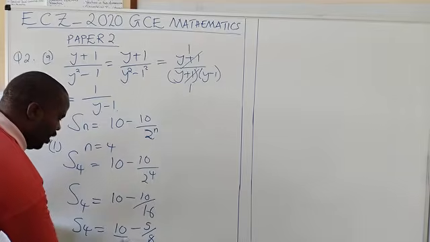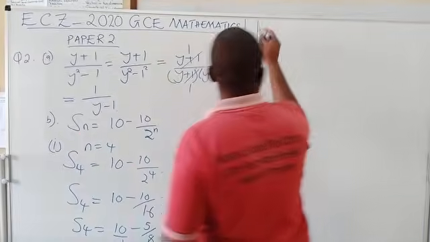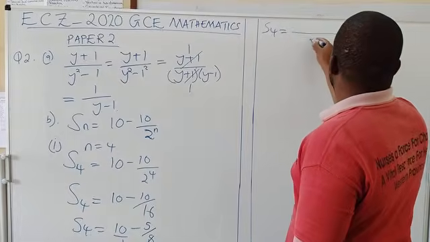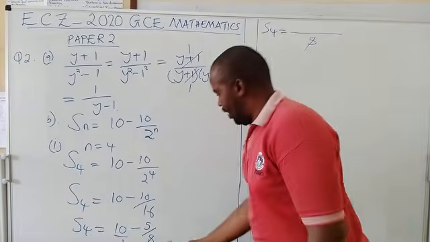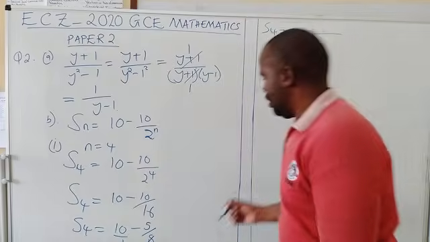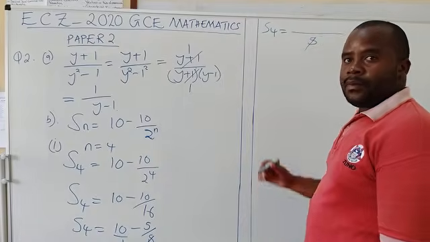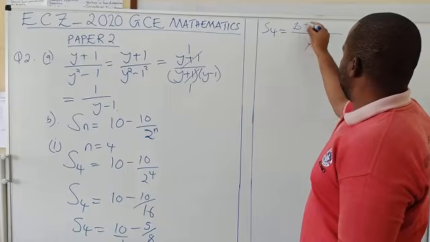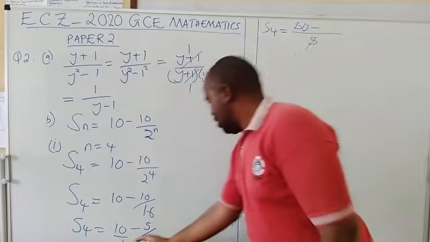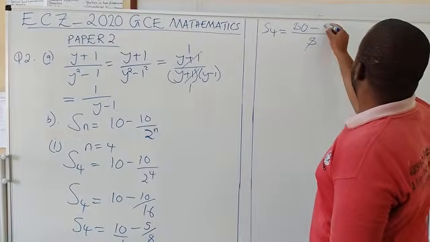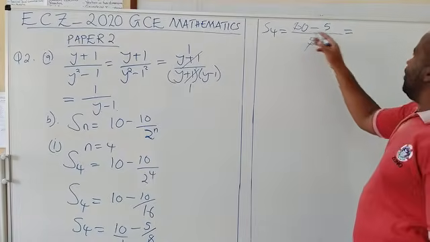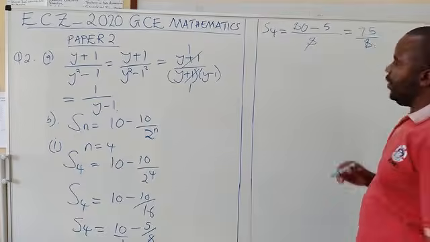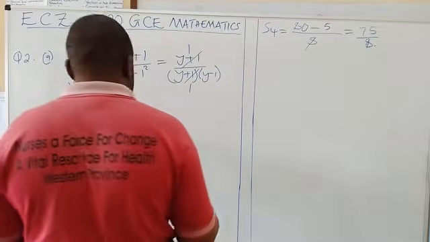Here you can introduce a 1, then go for the lowest common denominator, which is 8. So you multiply 10 by 8, which is 80, minus 1 by 5, which is 5. This is equal to 80 minus 5, which is 75 over 8. That is our answer for that one.